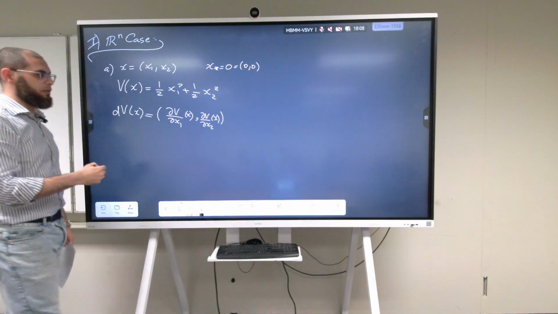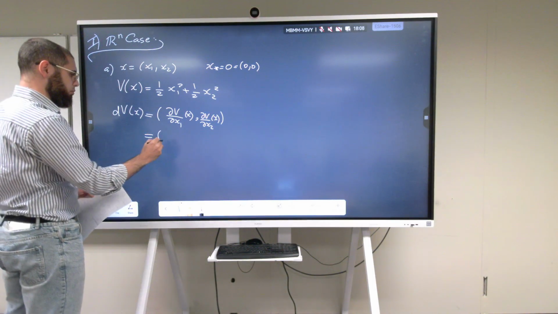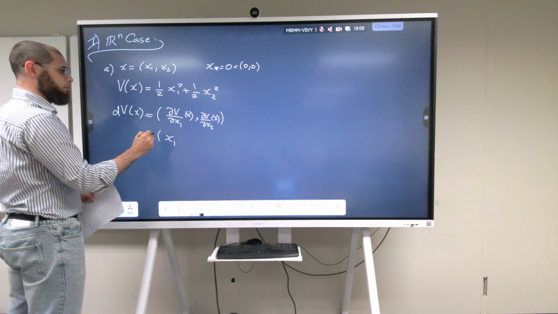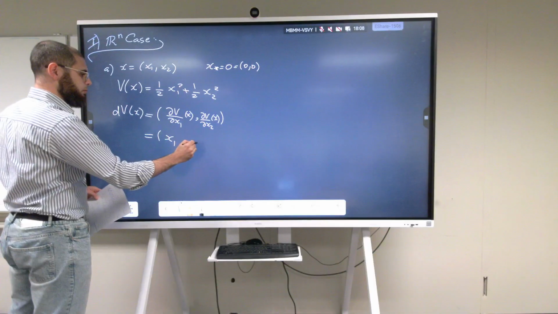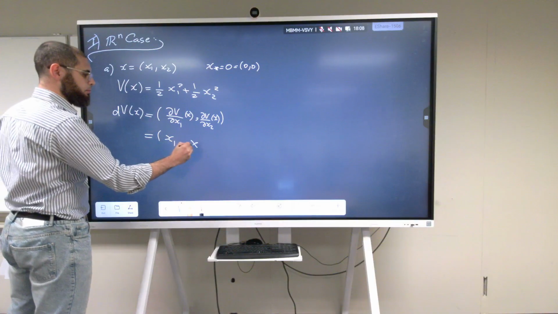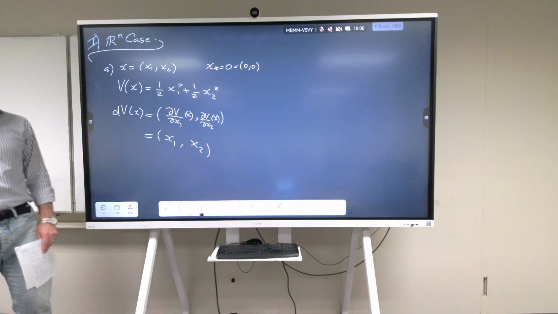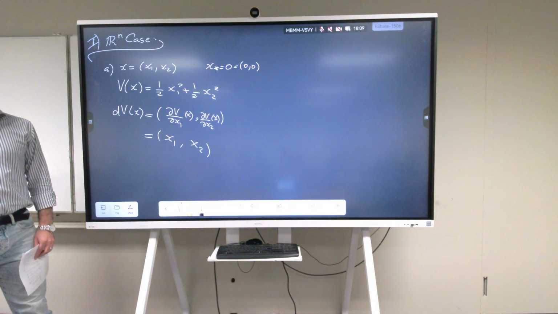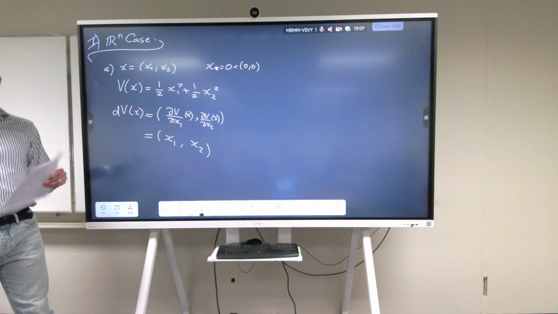So what is this partial derivative? How does it look like here? 2x1? x1 plus x2. No, wouldn't. Any doubts? That's the easiest one.